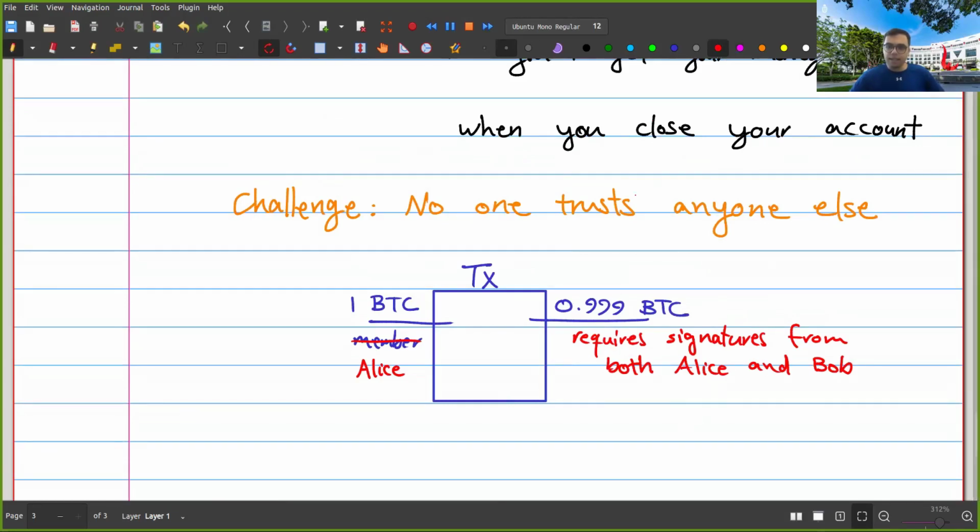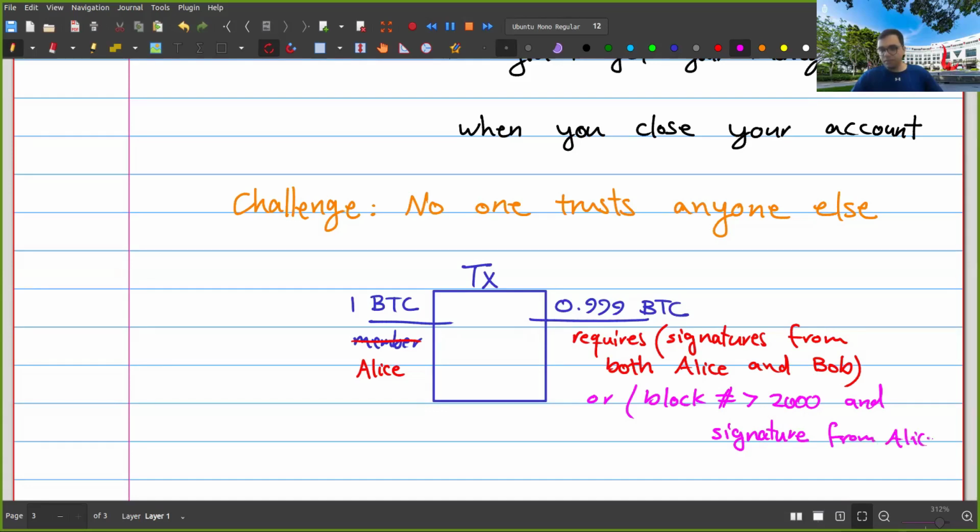I can say that it requires signatures from both Alice and Bob, or if some time has passed, if the block number is greater than some number, let's say whatever, 2000, the block numbers are much larger than this in the real world, but anyway, if the block number is 2000, then it only requires a signature from Alice. Okay, that's it.